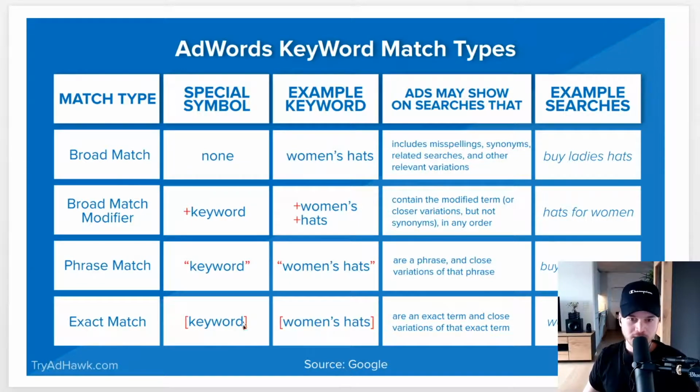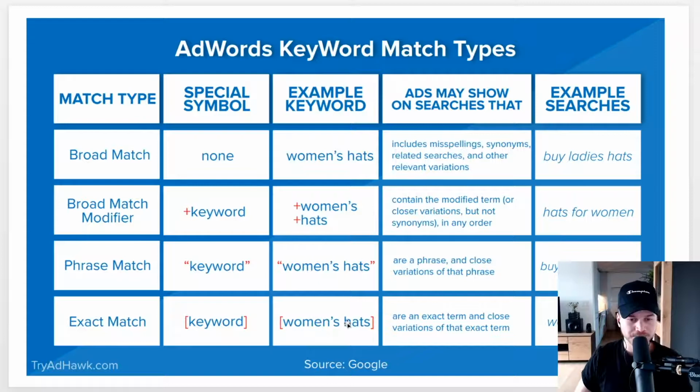So here is what we've just done. We have put brackets around our keyword, and then people will only see my ad when they type in exactly what is in that bracket. Exactly, or a close variant. Google also shows it when people type in maybe a plural version, or maybe they misspell the word a little bit. That's something Google just does. You can't really turn that off, but it doesn't really hurt your conversions.